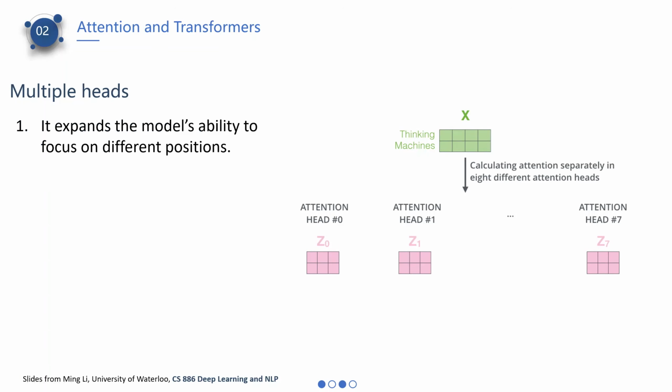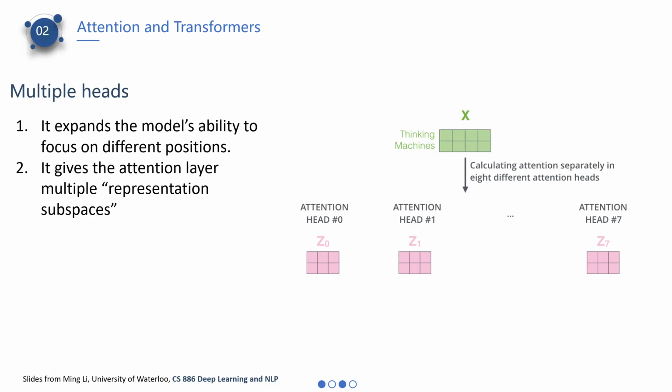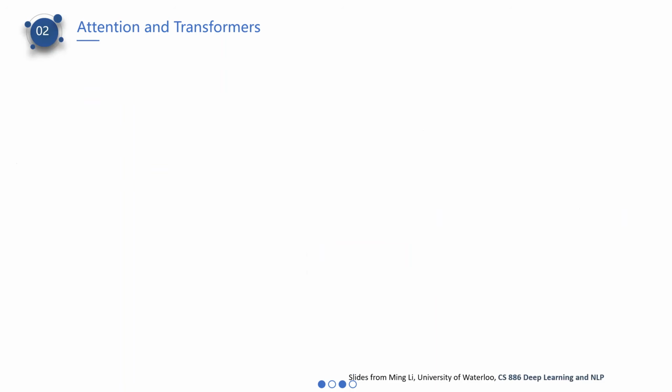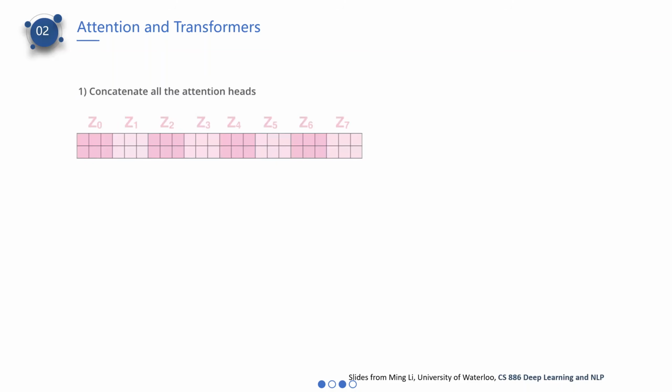The reason, as you have learned from CNN, is that we want to have many filters, many layers, so that we can learn a lot of things and expand the different abilities. So it gives the attention layer multiple representation subspaces. At the end, for those 2 words, thinking machines, we will have one from the 0th head, one from the first head, and so on.